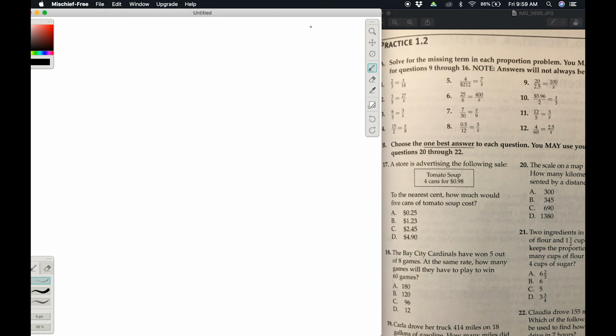Number 2 is 3 over 5 equals 27 over x. So remember, all's multiply towards the side that has the missing variable, which is the x.